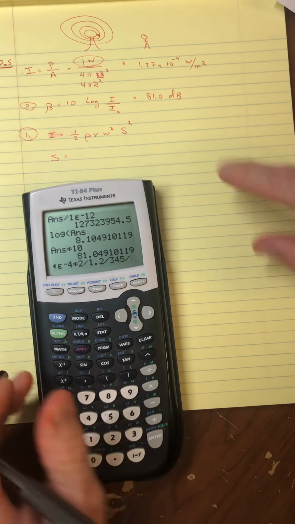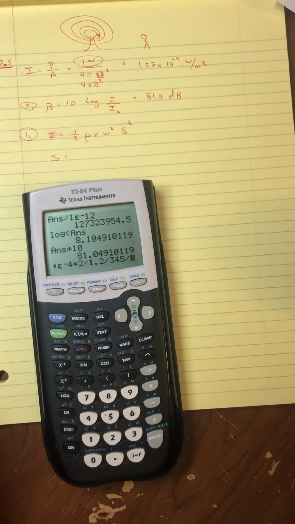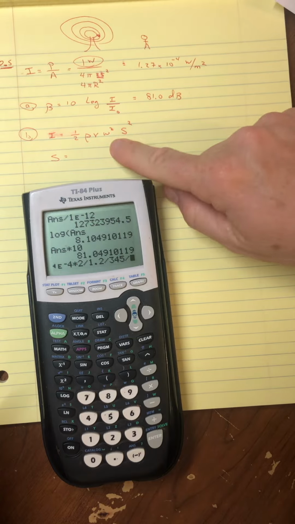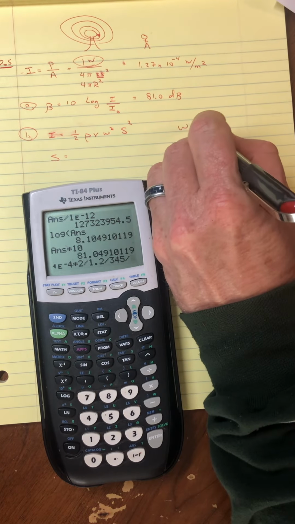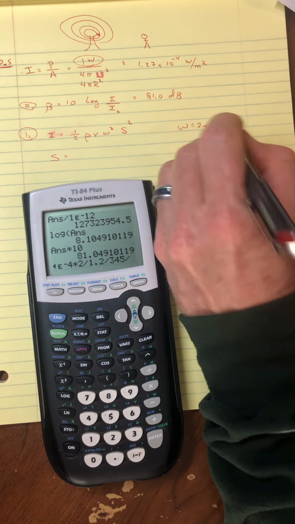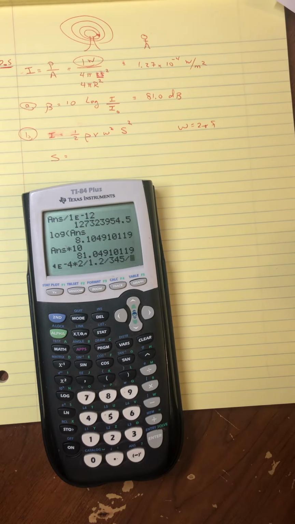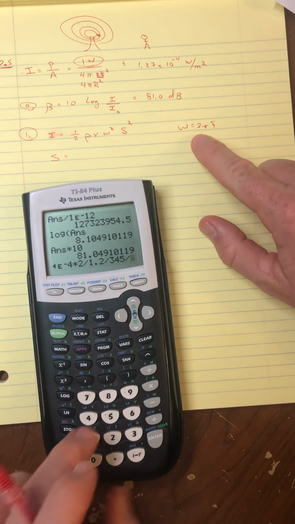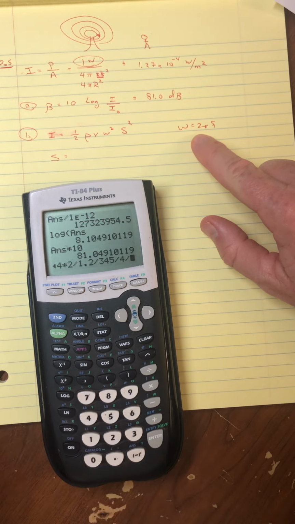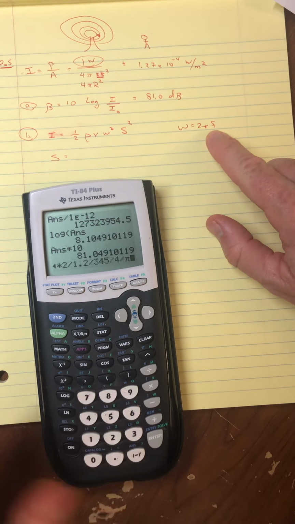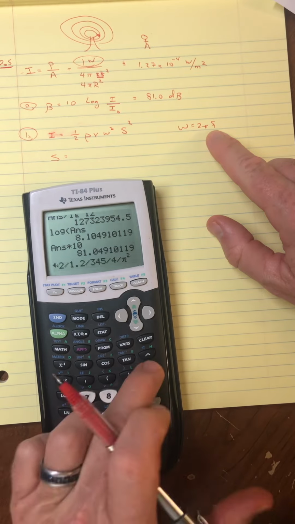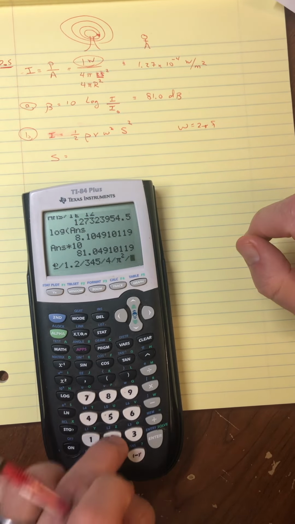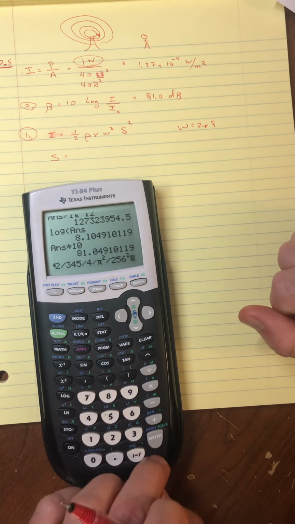Then I will divide it by the angular frequency squared. So maybe I should remind you and myself that the angular frequency is 2 pi times the frequency. So when I square that, I have a 4 here, pi squared, and then the frequency, 256 squared.